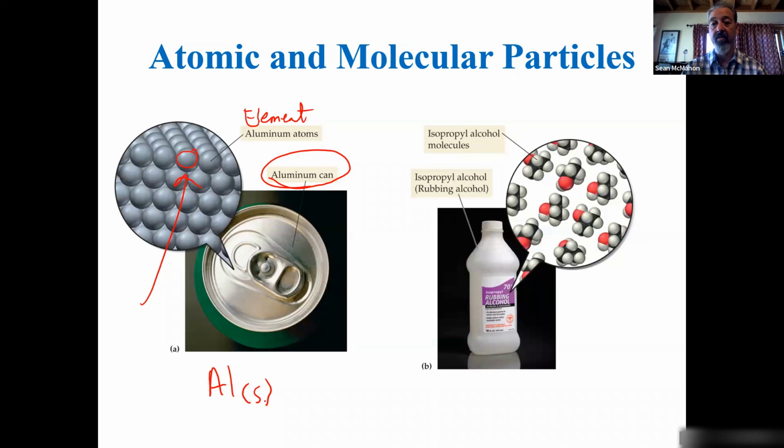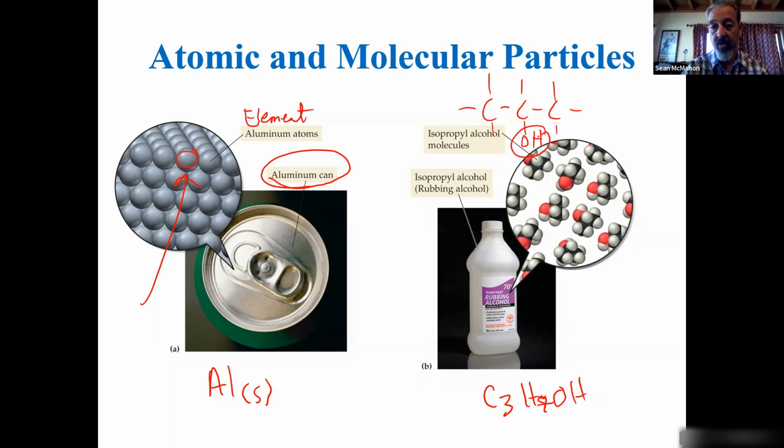Rubbing alcohol, right? If I had pure rubbing alcohol, it would be C3H7OH. I've got to draw it. The reason it's C3H7OH is that this is isopropyl alcohol. There's an alcohol group in the center. That's why it's called isopropyl, like an isosceles triangle. And there are my hydrogens. I have a total of 8 hydrogens, okay?